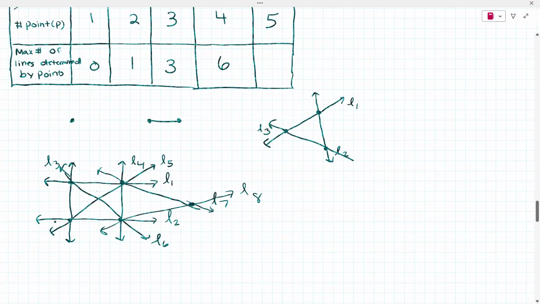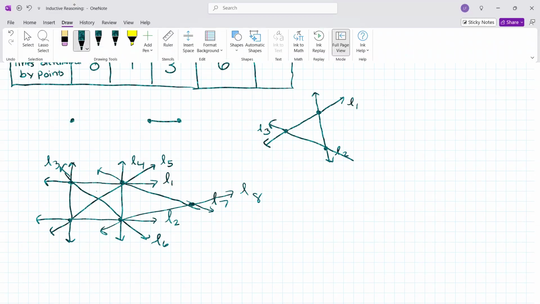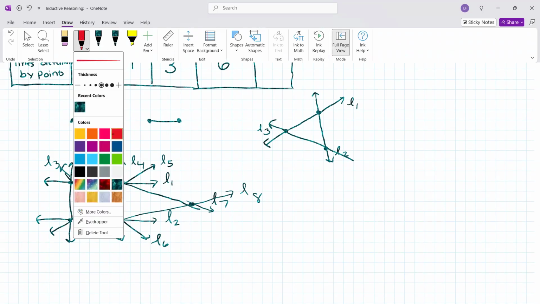And then, let me use another color. I see one more dot.